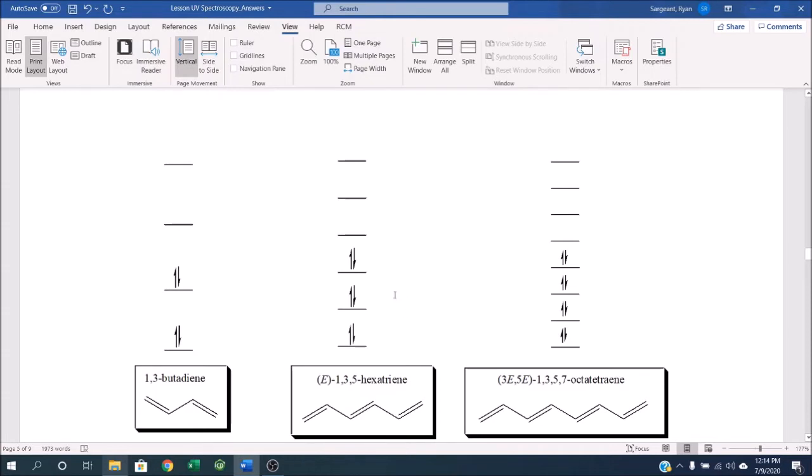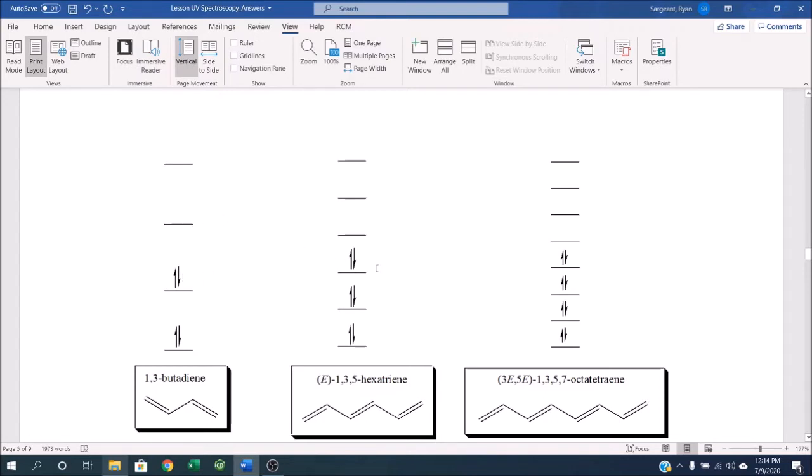When I shine UV light on 1,3-butadiene, the most probable occurrence was that a photon of 217 nanometers struck the molecule and popped one of the HOMO electrons up to the LUMO.